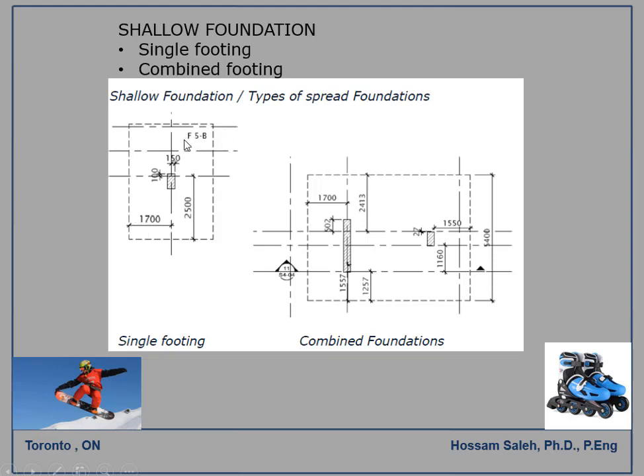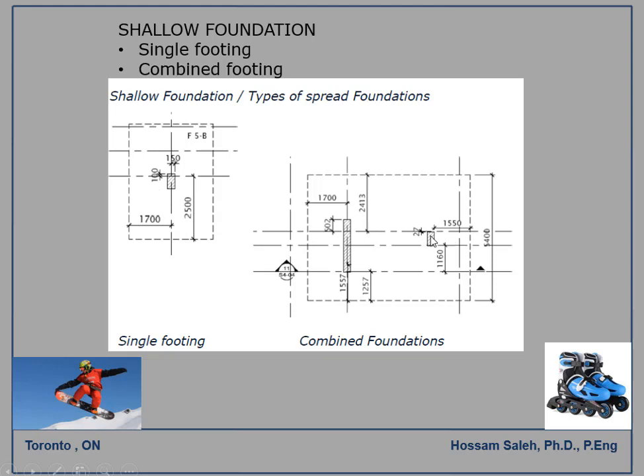And we give the foundation type F5B, and there is a foundation schedule. We give them the size of this foundation, this dimension and this length, and the depth of the foundation. So they have the three-dimensional information of the foundation and the reinforcing bars. And here in plan we show them how to locate this area on the site.